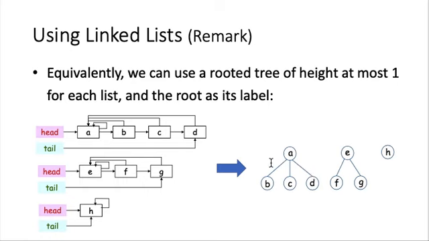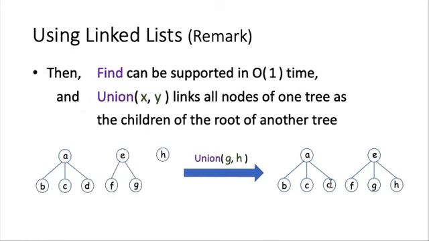So the first list corresponds to this rooted tree, the second list corresponds to this rooted tree, and the third one corresponds to this one. Then find can be supported in constant time. That is very easy because we just find out which item is in which tree, and then we trace the pointer going to the root, which is at most one step away. So find can be performed in order one time.